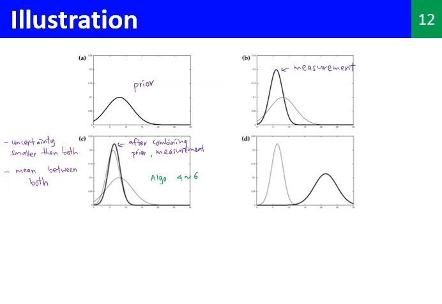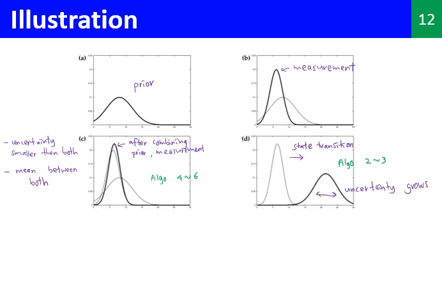This happens when the robot moves and we have a state transition, and in the algorithm it is on lines 2 to 3. And we see that the uncertainty grows.